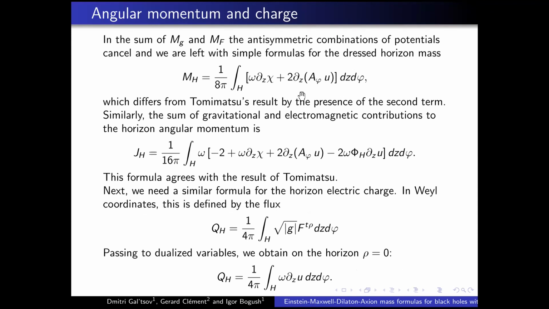But there was a discussion in the literature that Tomimatsu was right and we are not right, but you can check. At this stage it's not so difficult. And the same manipulations for angular momentum led us to this formula, which coincides with Tomimatsu exactly. So it is only here.